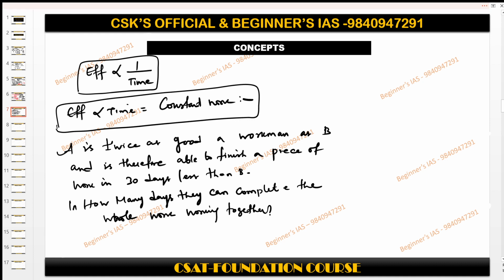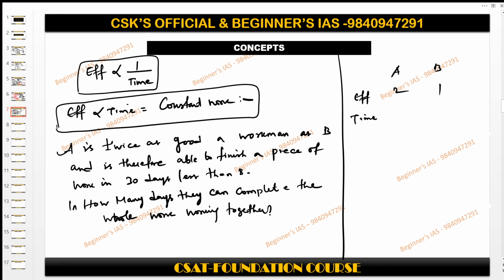If you go through the 2022 question paper, there was a question with respect to time and work. Here A, here B, find out the efficiency. A is twice as efficient as B, so B is 1 and A is twice, meaning multiple. Then what is the time taken?